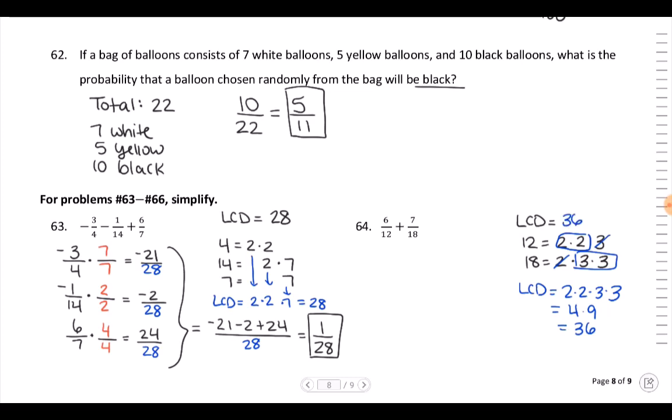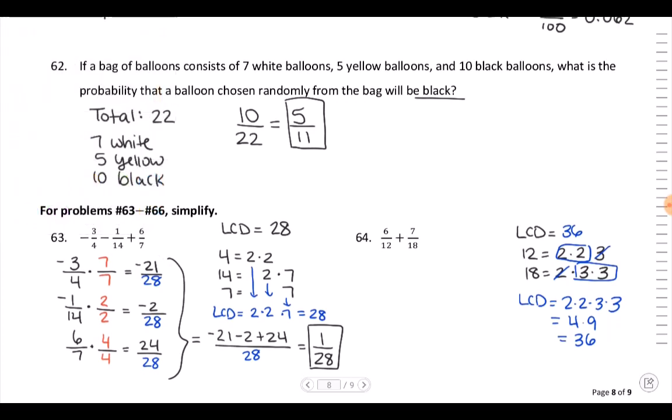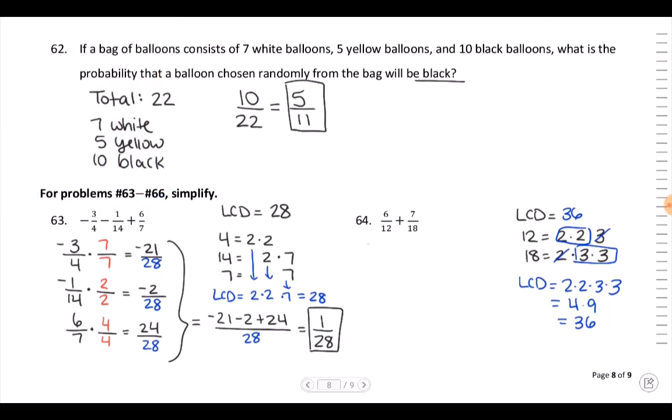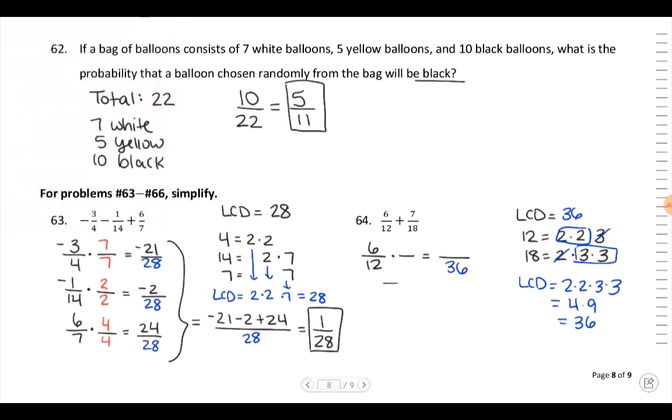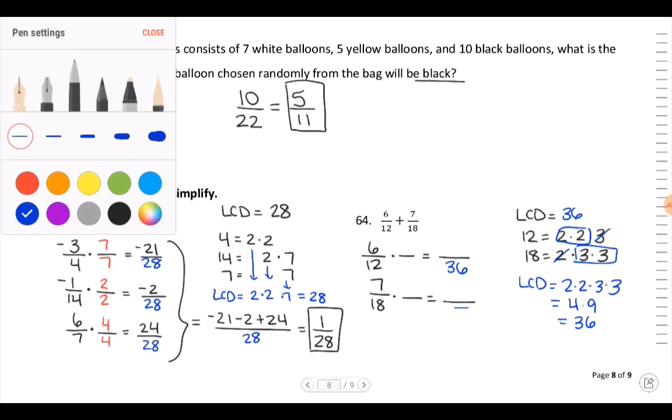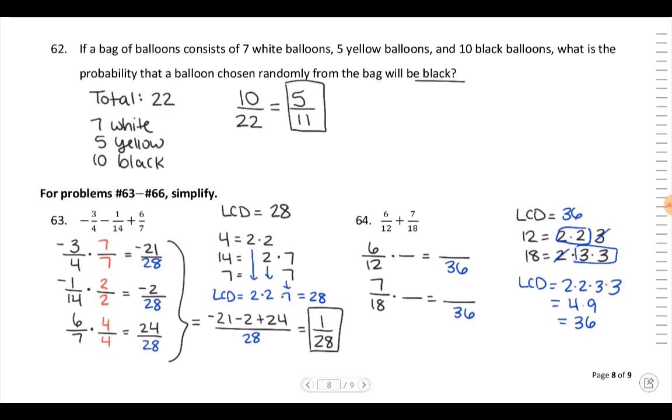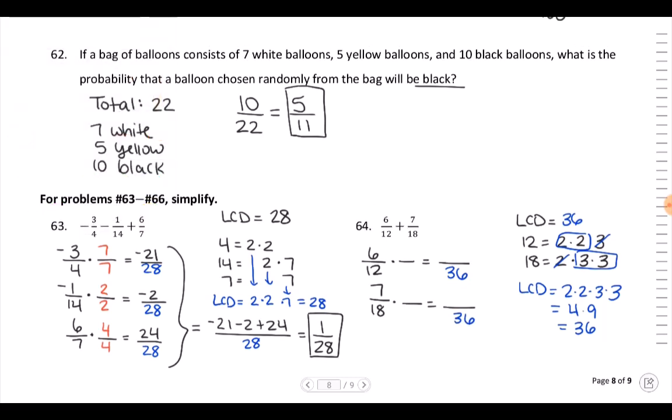So I need to rewrite both of these as something over 36. So 6 over 12 times what equals something over 36, and 7 over 18 times what equals something over 36. For 12 times what is 36, that would be 3 over 3.